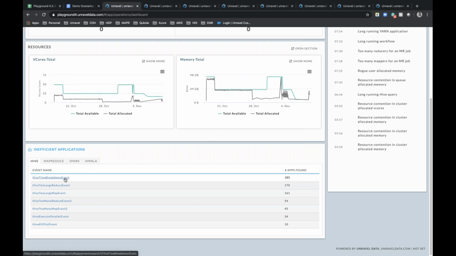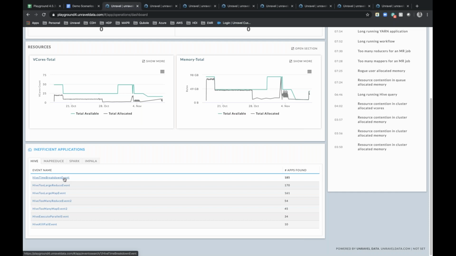Now, one of the things that we do that's very unique is that we gather data from various APIs, such as the Yarn Resource Manager. We also get information from log files, such as the Spark event logs. And we also have our own sensor data, which monitors resource consumption within each individual container that is running your workload.